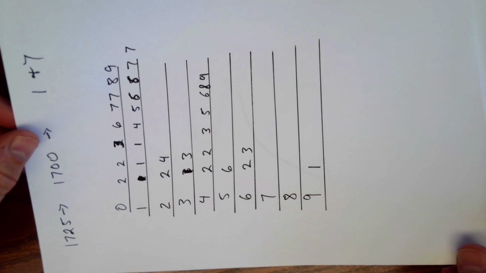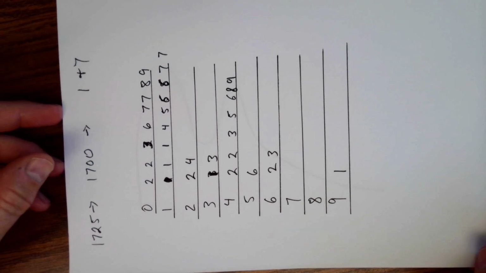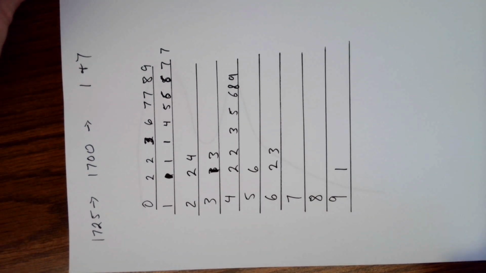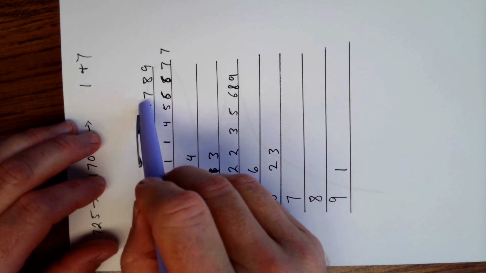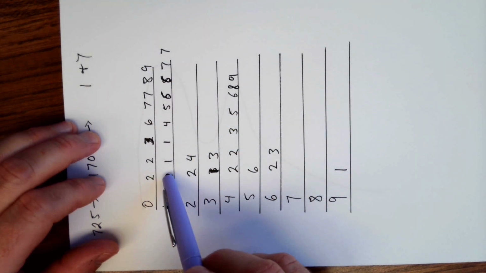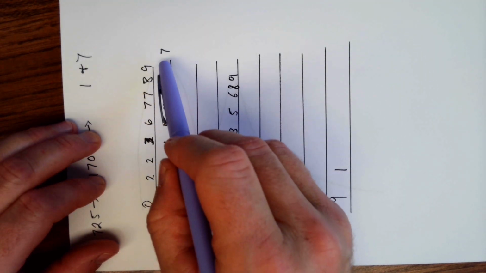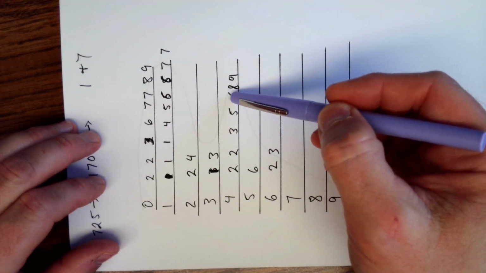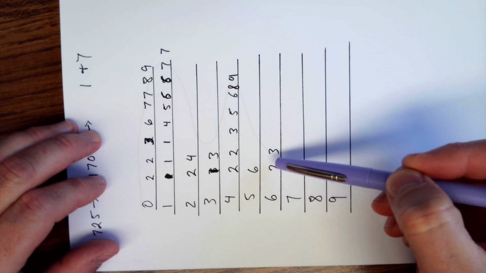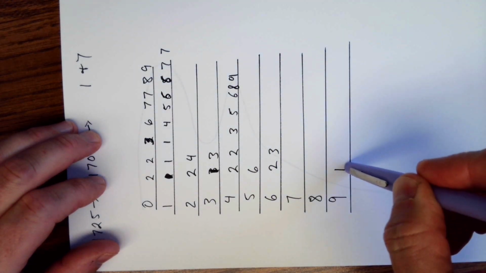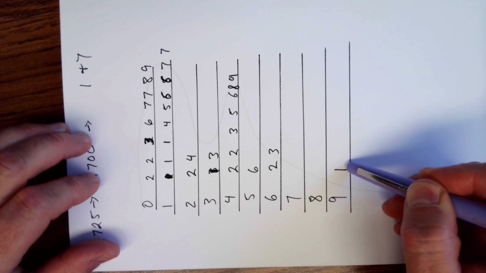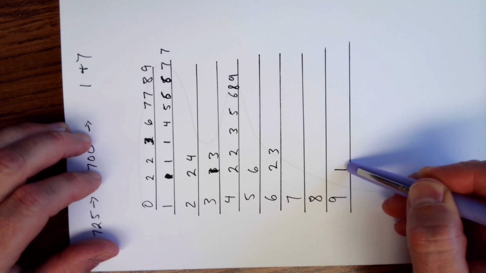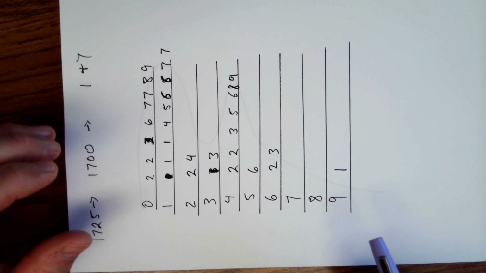Well, we had several countries there, and we could actually count up the number of countries we have. 1, 2, 3, 4, 5, 6, 7, 8, 9, 10, 11, 12, 13, 14, 15, 16, 17, 18, 19, 20, 21, 22, 23, 24, 25, 26, 27, 28, 29, 30, 31, 32, 33. All right, so 33 countries is what we have.